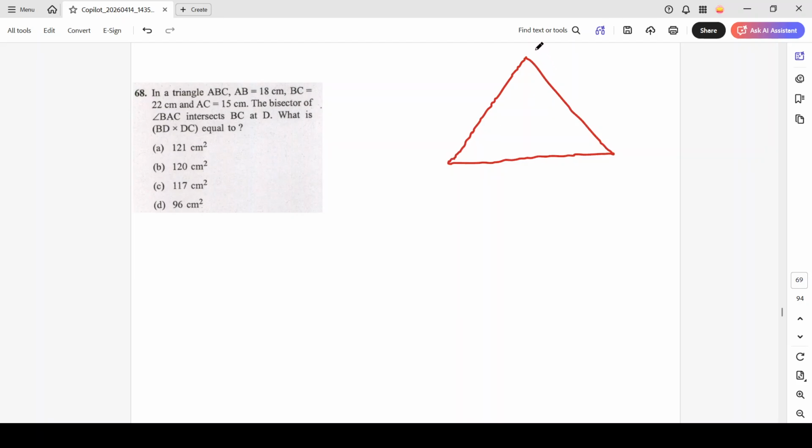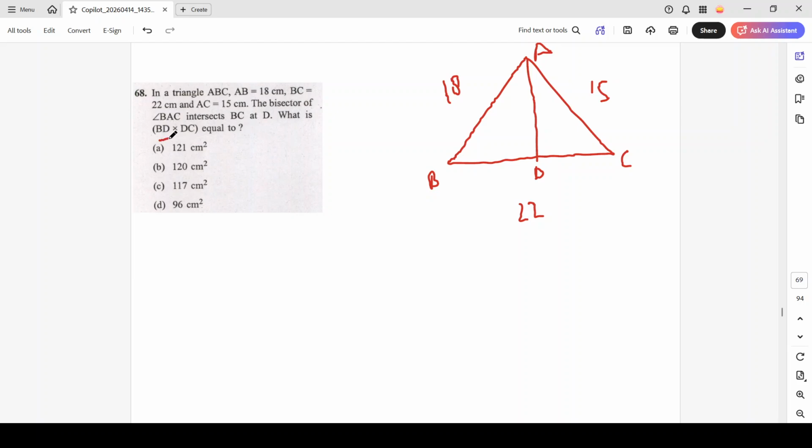This is ABC. AB is equal to 18, BC is equal to 22 and AC is equal to 15. And the bisector of angle BAC intersects BC at D. That means this is an angle bisector.